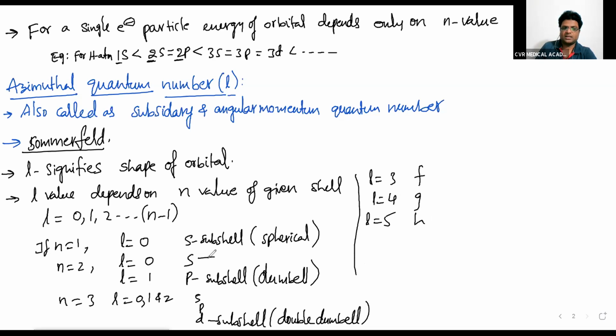The letters s, p, d, f came from spectral terms: s for sharp, p for principal, d for diffused, and f for fundamental. What about g and h, sir? They continue after f in alphabetical order and don't have any particular abbreviated forms.